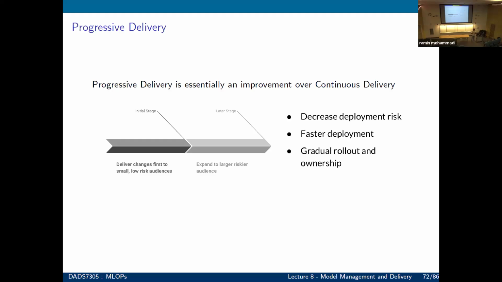So I think Instagram decides based on how likely it is that I know you or something like that. Based on that, they decide who will have it, a specific cohort group, and that's the decision making behind it. But you can start with a slow progressive delivery. That helps you decrease the deployment risk. It makes the deployment faster, and you do a gradual rollout and ownership.